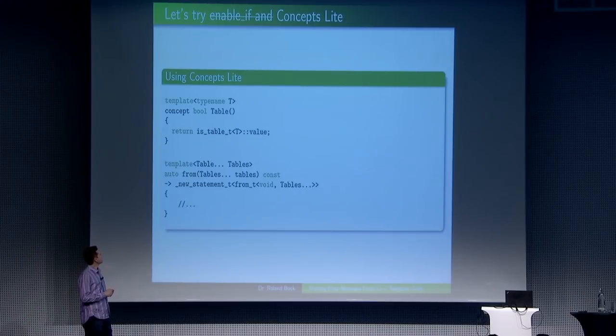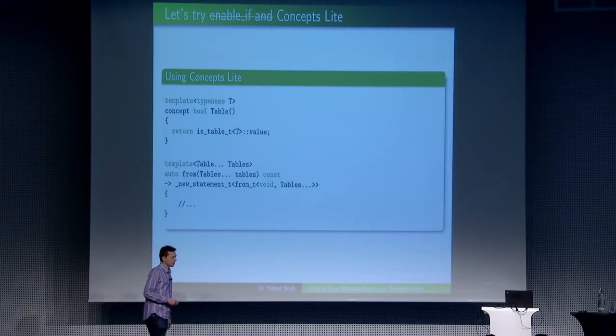And then we can use these table concepts in a template. And I really like this syntax. Of all the syntaxes which are available, I prefer this one. Still says it's a template, but it says, all right, we want table arguments here, and then everything is fine. It's a short, very clear notation.